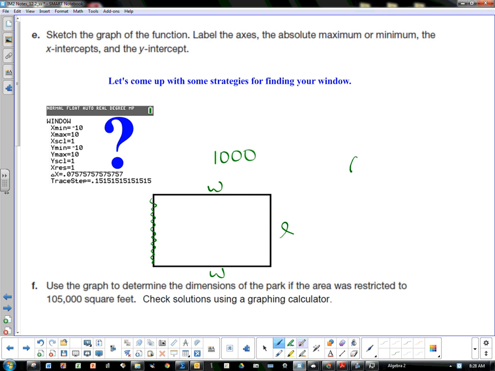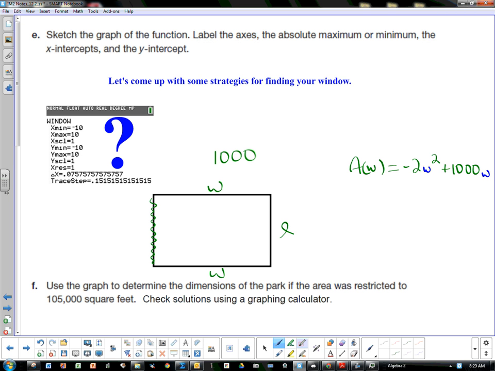And your function was A of W is equal to, I believe, negative 2x squared plus 1,000x. All right, and I should make sure that I'm not going to write x's in there. I'm going to put my W's in.